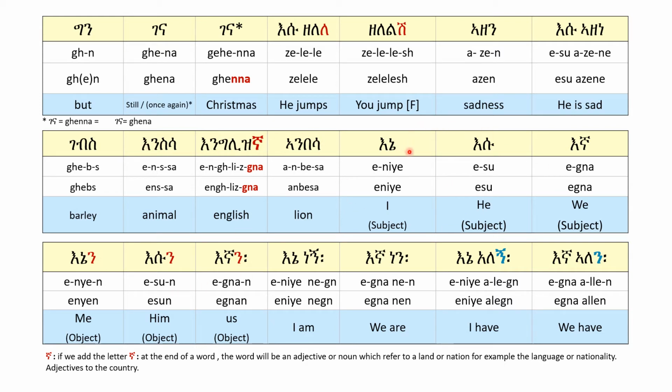And here, inye, esu, inya are subject pronouns, but if we add the letter n, it will be object pronoun. Inye, esu, inya, inyen, esun, inyan.